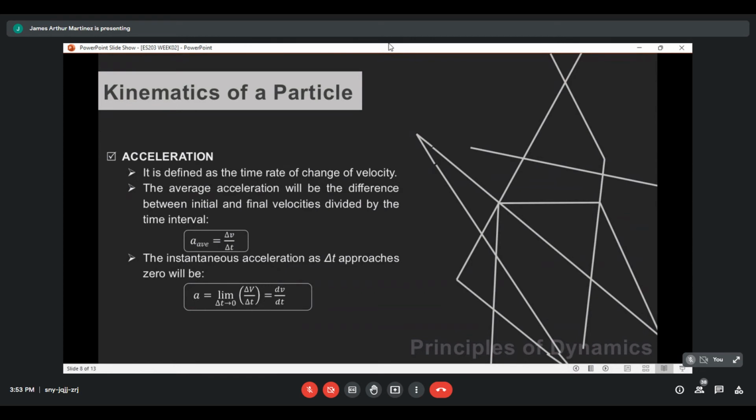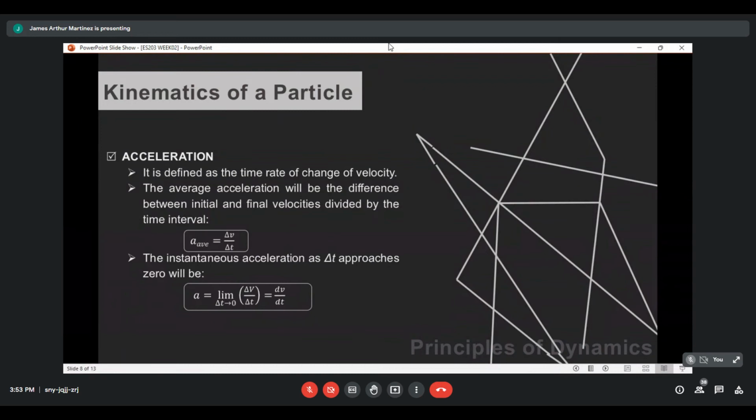And then, instantaneous acceleration as delta t approaches zero is given as the limit of the change in velocity divided by the time interval as delta t approaches zero, which is equal to dv over dt. Therefore, by definition, acceleration is equal to dv over dt, which implies that acceleration is the first derivative of velocity.